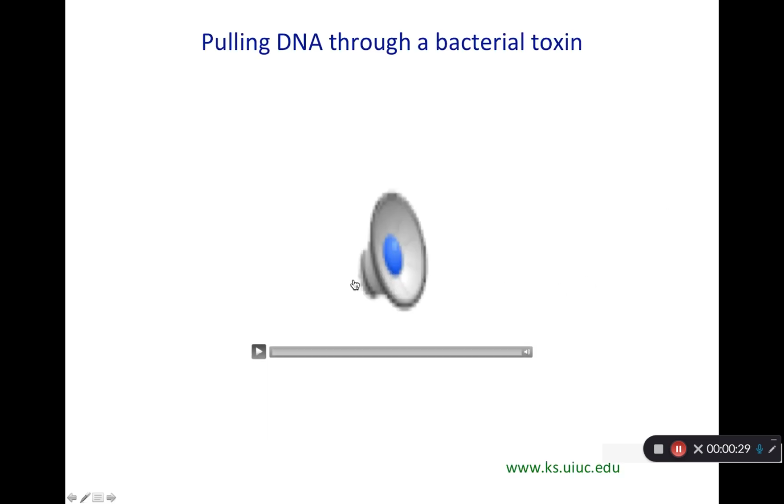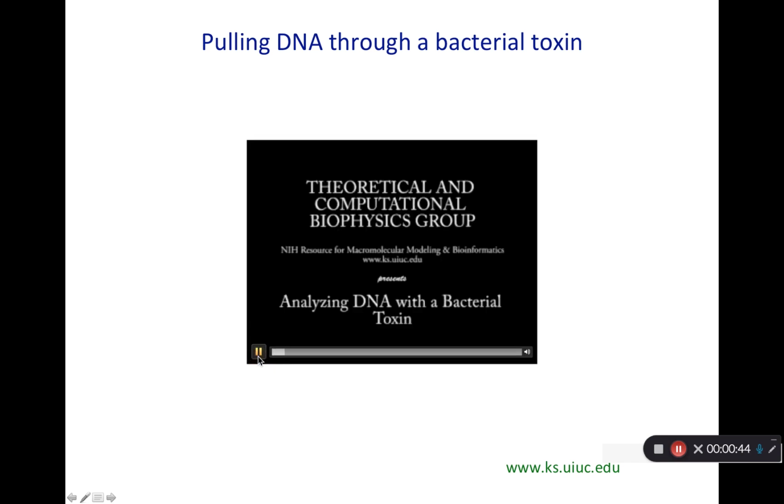Before I do all that, I would like to show you a video, an animation of a molecular simulation where DNA is being pulled through a bacterial toxin sitting in a membrane. Let us see, there it is.